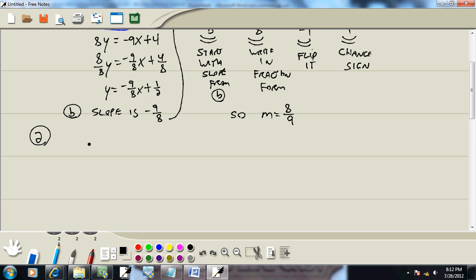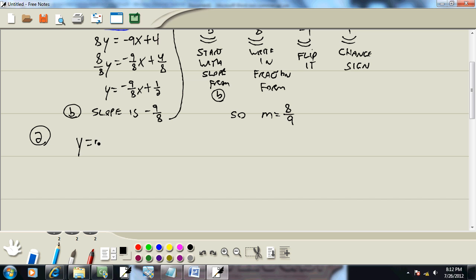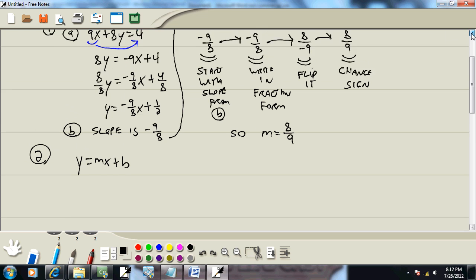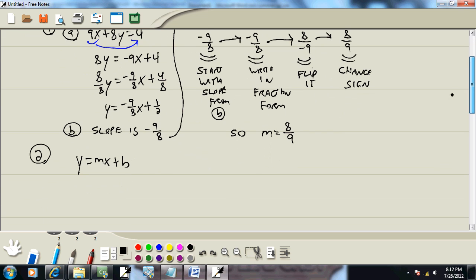Okay, step 2. Plug in the given point for x and y and m from 1c into y equals mx plus b and solve for b. Well, remember that it says it passes through the point -3, -4, so that'd be my x and that'd be my y. So y is -4. m we said was 8/9, and x is -3, plus b.